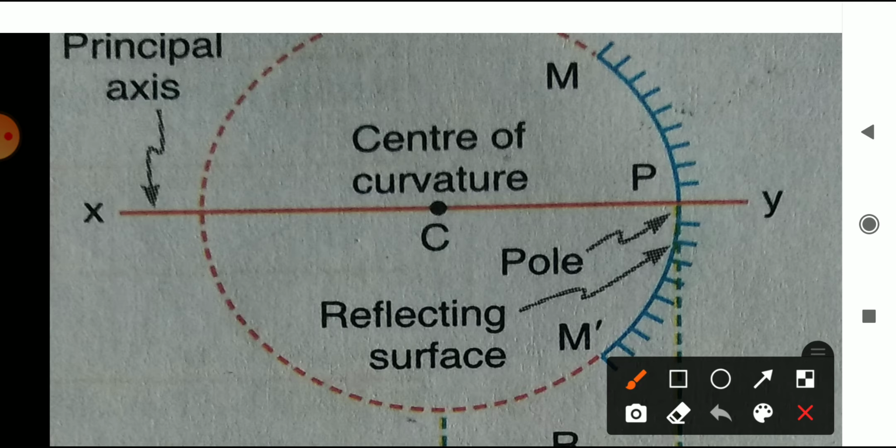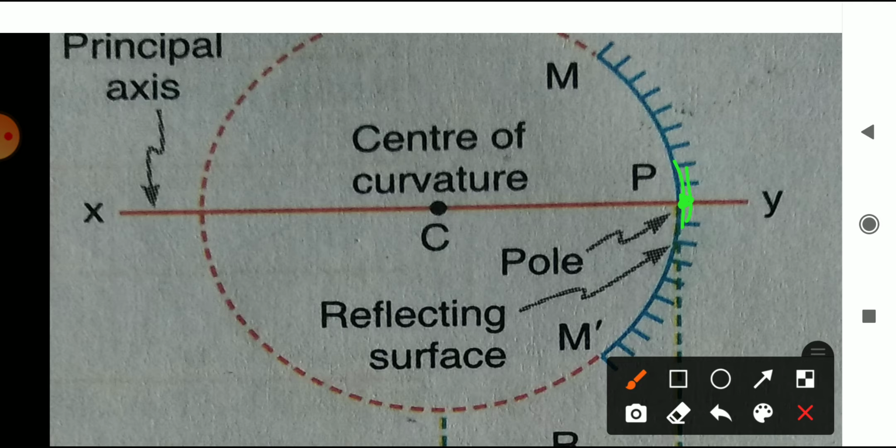This is the pole. M and M, M dot M is the mirror. P is the pole.